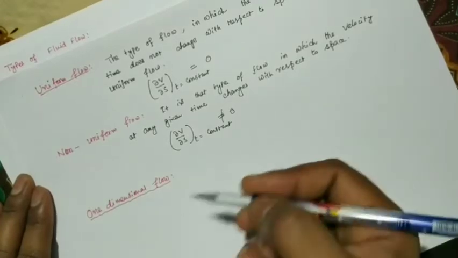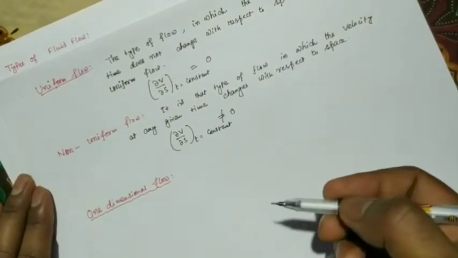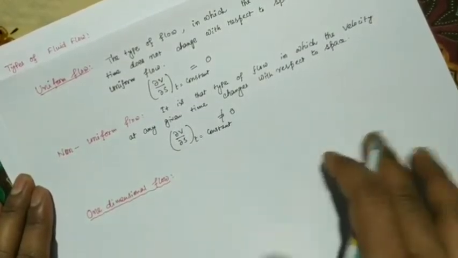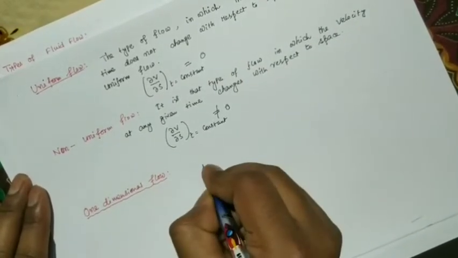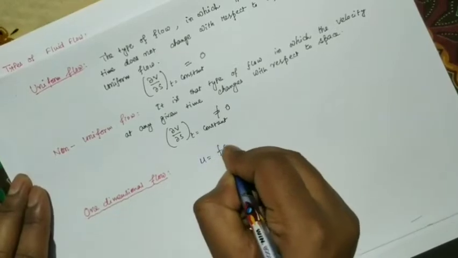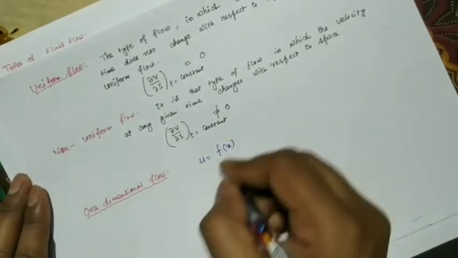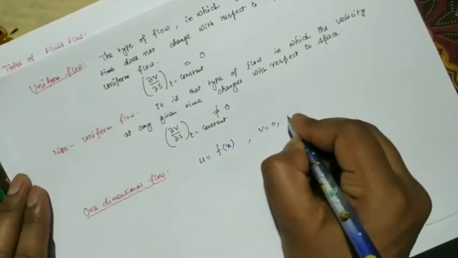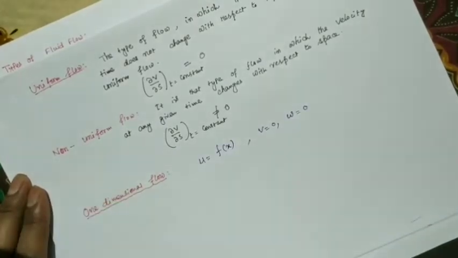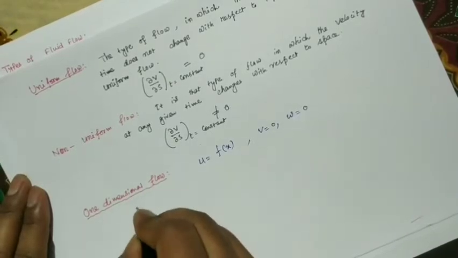That means velocity will be a function of time and one space coordinate only. So mathematically we can write u will be a function of only one coordinate, and v will be 0 and w will be 0.